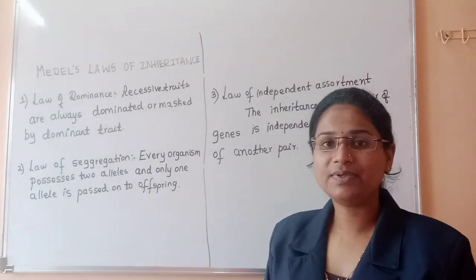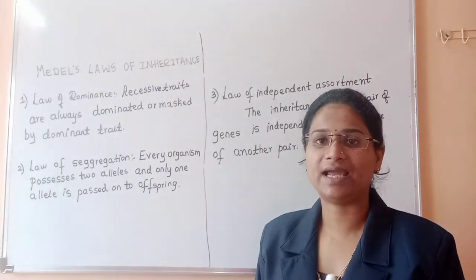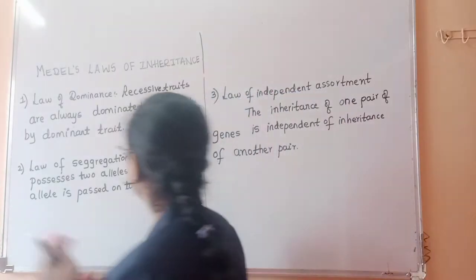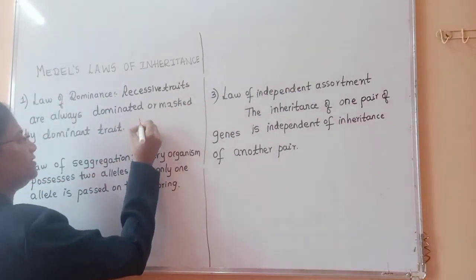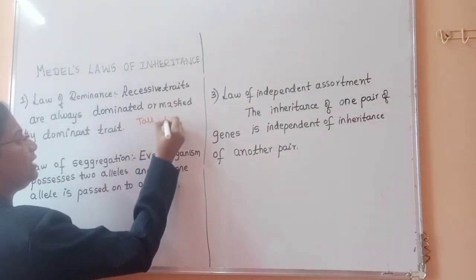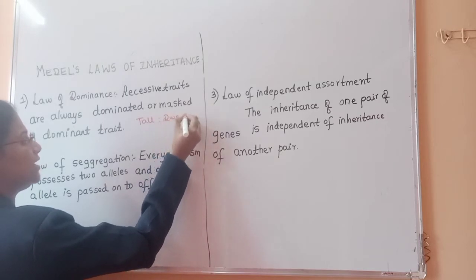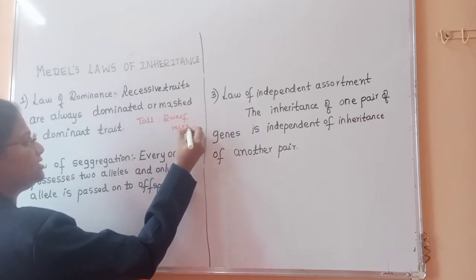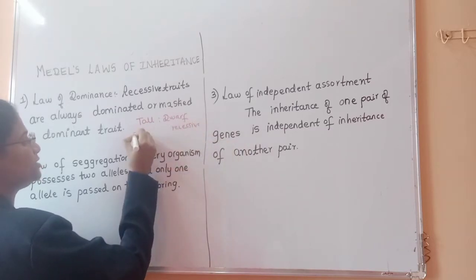So for example, if we consider the height of a plant, tallness is a dominant character and dwarfness is a recessive character. This is recessive, this is dominant.